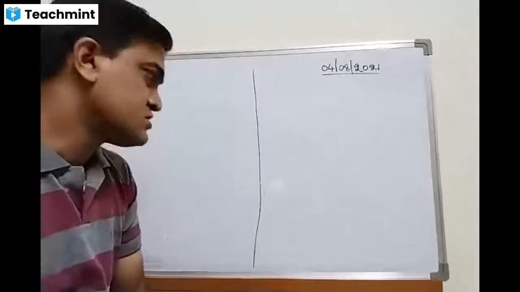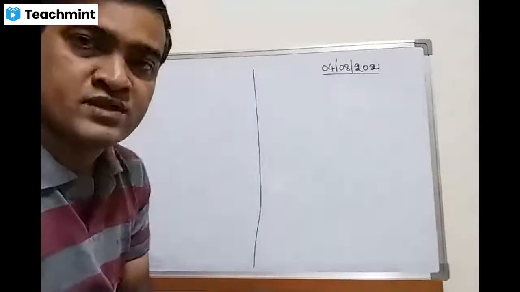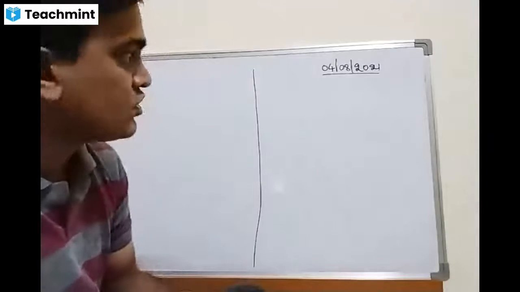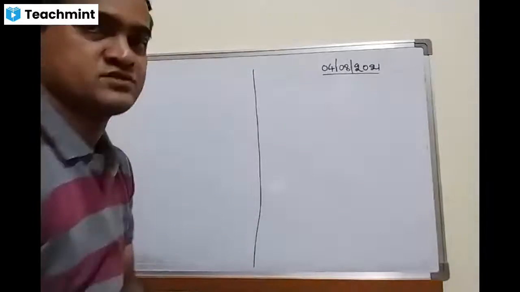Fine. Now let us discuss about another type of graph called as non-uniform or variable velocity.